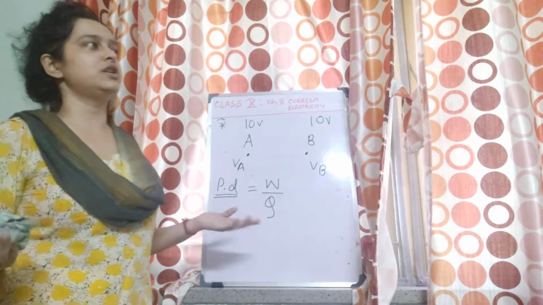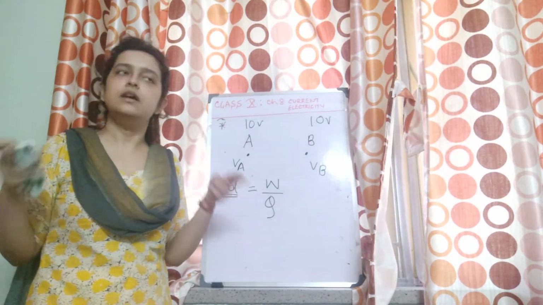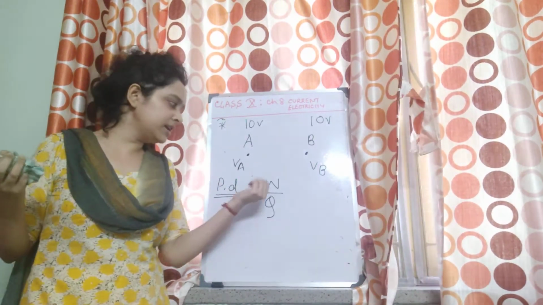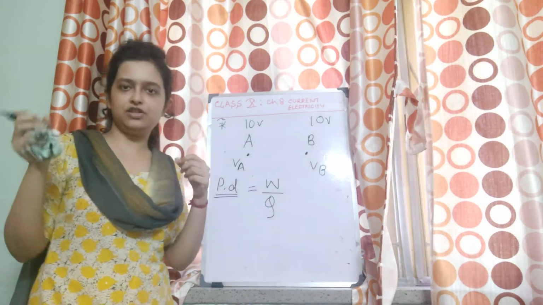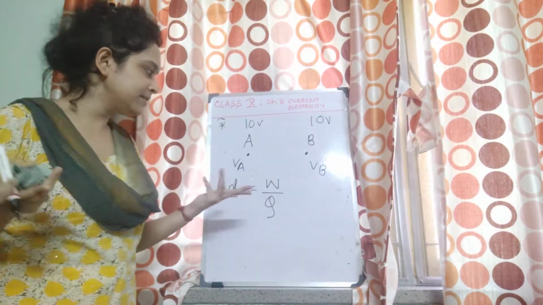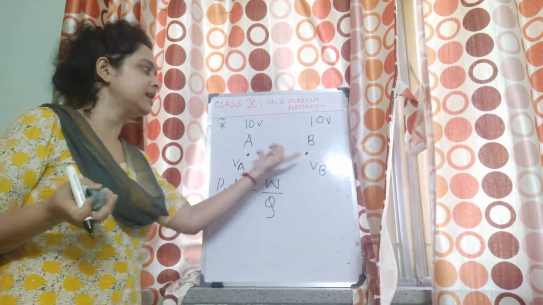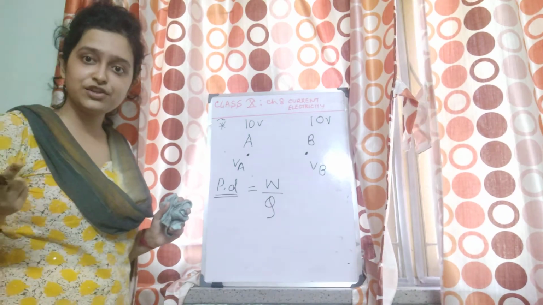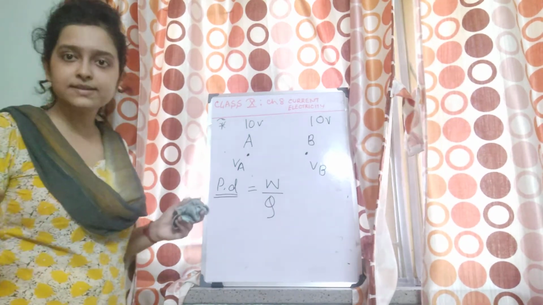If you are asked the potential difference between two ends of a conductor, then it will be the work done per unit charge to bring the charge from one end of a conductor to another end. It's just the difference in potential between the 2 points, due to which the current actually flows.